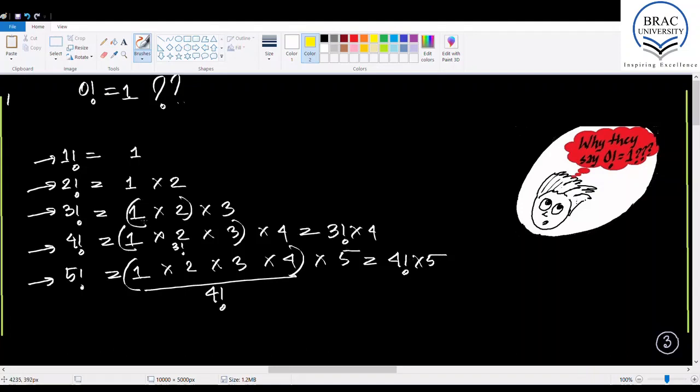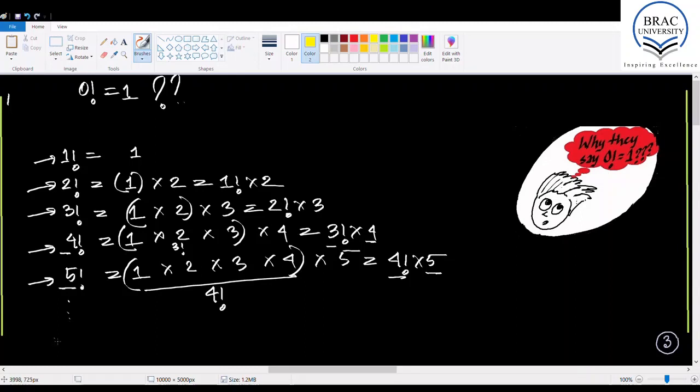This is 2 factorial, and it can be written as 2 factorial into 3. This is 1 factorial. This can be written as 1 factorial into 2, right? So we can see here that for 5, we get 5 into 4 factorial. For 4, we get 4 into 3 factorial.